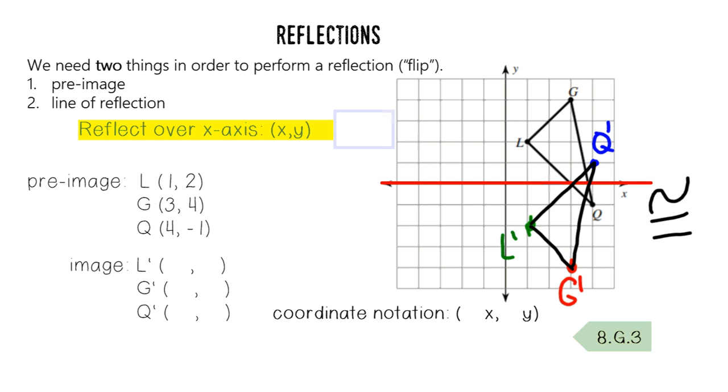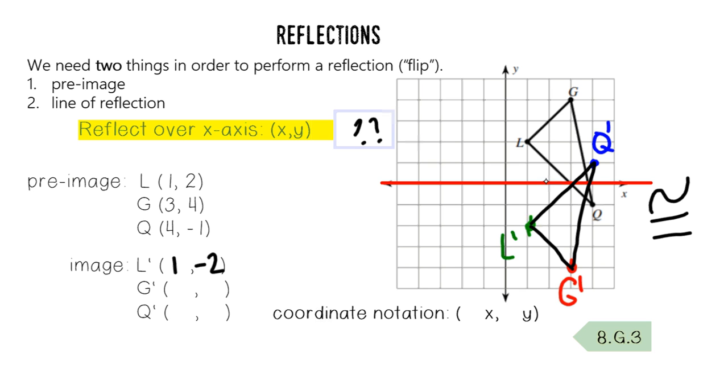And now I'm going to take a look at these coordinates. Let's start with L prime, which is 1, negative 2. Take a look at L, take a look at L prime. How is it changing? Maybe try and figure out what is underneath this box here for how the coordinates are changing. Let's take a look at G prime.